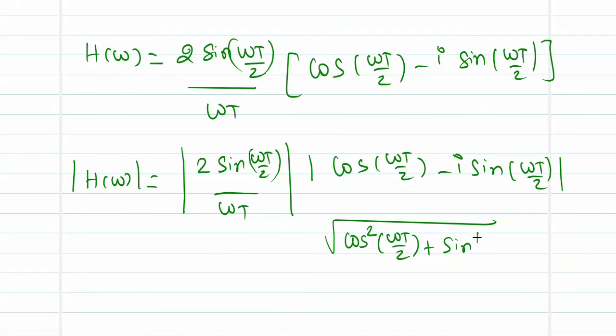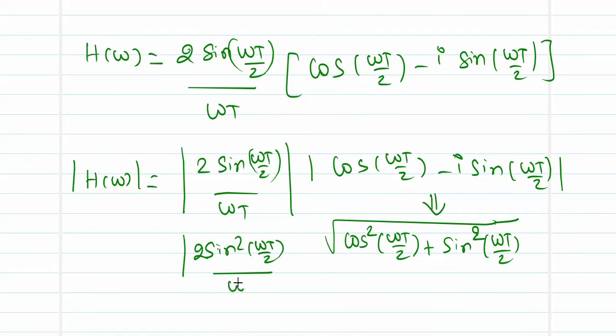So it becomes cos square omega t divided by 2 plus sine square omega t divided by 2. This is going to be my equivalent of the modulus of the data. Now you have it of the format, and you have your 2 sine omega t divided by 2 by omega t as such.